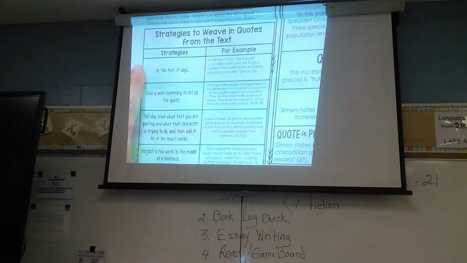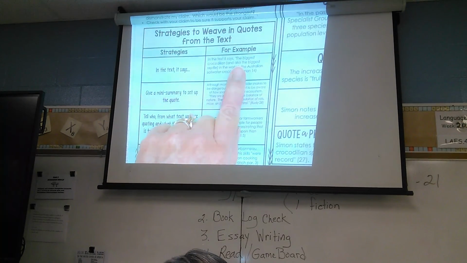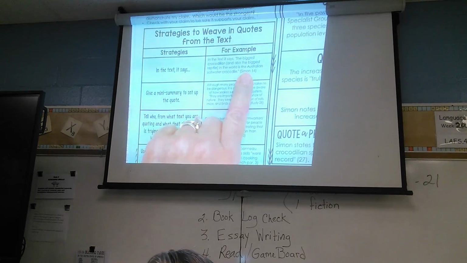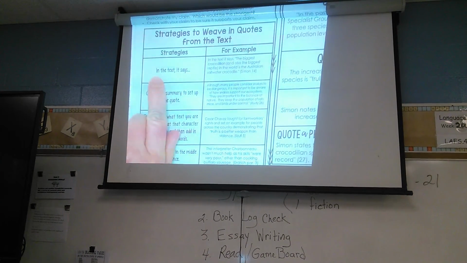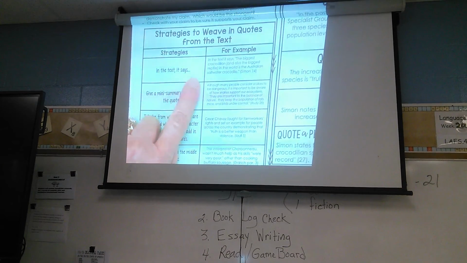Now, you can do it this way, okay? In your parentheses afterwards, it could read something like source 1, paragraph 3. Or you could say, in source 1, paragraph 3, it says, and you've cited the text.